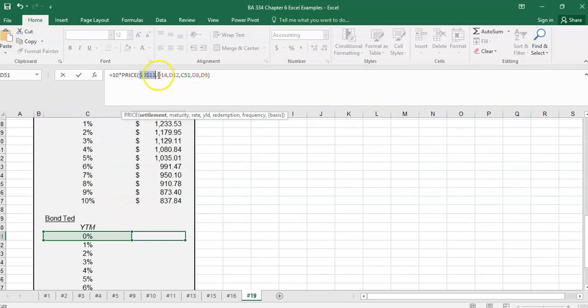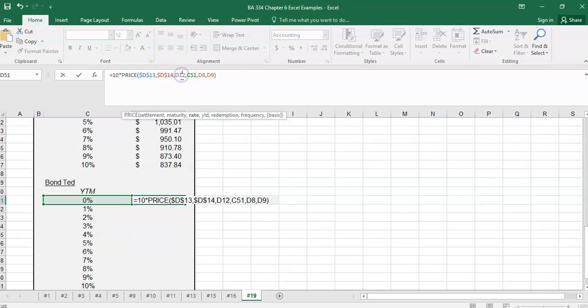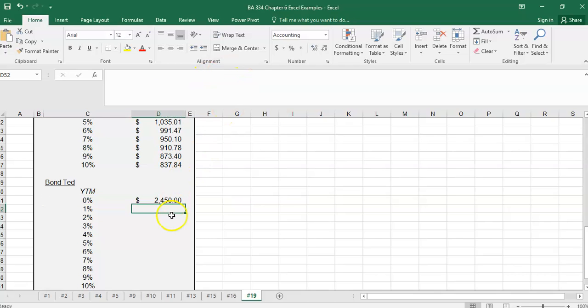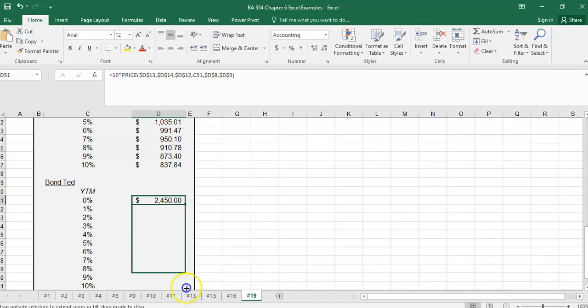And lock everything but the yield to maturity cell and copy that down.